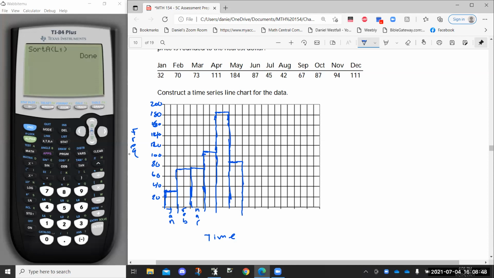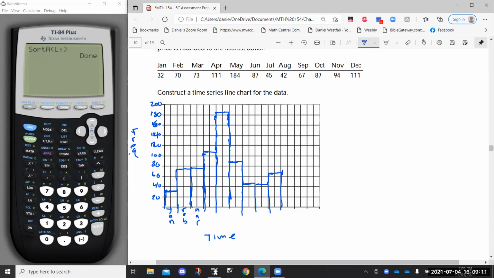45. 42 is even a little bit less than that. And then 67 is up here. Again, I'm going to say it again.